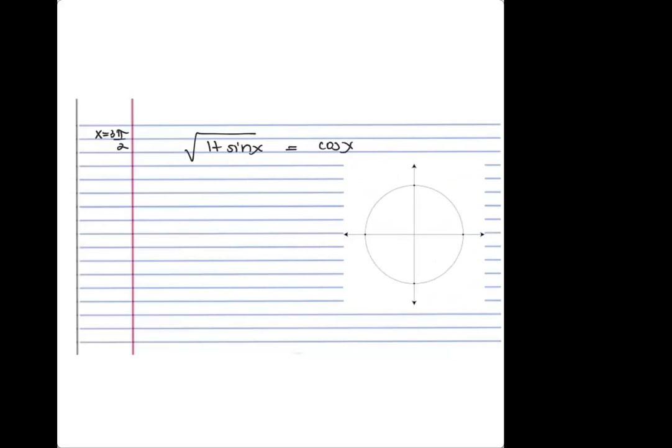All right, so now we're doing 3 pi over 2. So when we're at 3 pi over 2, then we have the ordered pair 0, -1. And we do the highlighter. Now we're looking at this arc of 3 pi over 2.